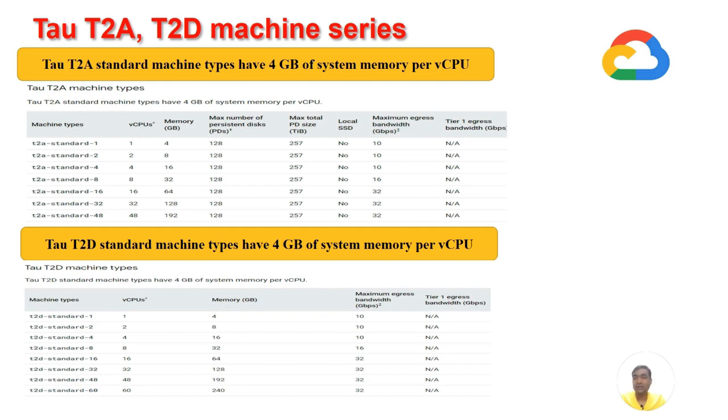The Tau T2A standard machine types have 4 GB of system memory per vCPU, and Tau T2D standard machine types also have 4 GB of system memory per vCPU.